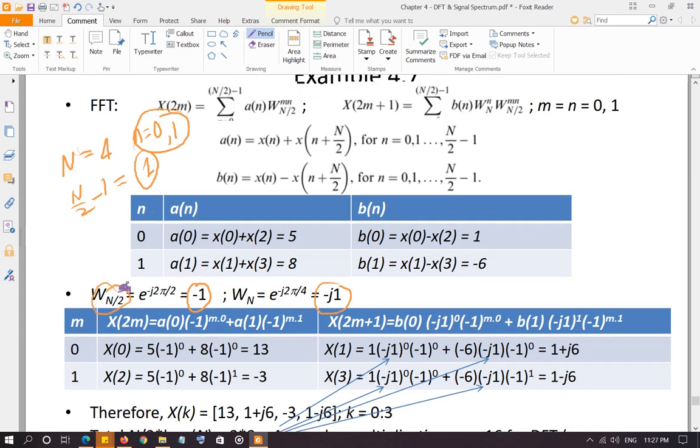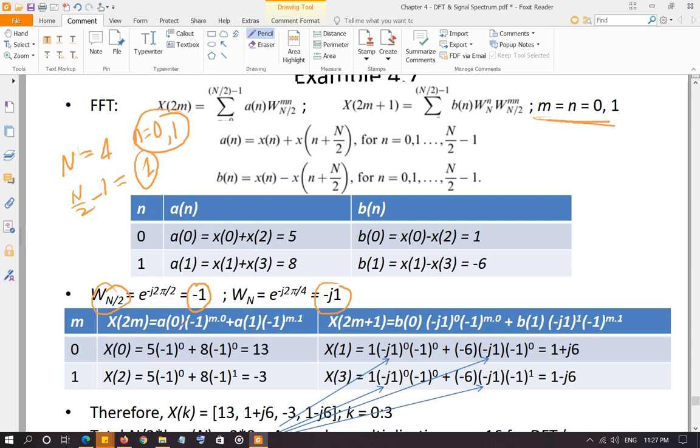So you have this twiddle factor to the power m times n, right? So m times 0, m times 1. Remember, m also goes from 0, 1. 2 times 0, the first even number component, x of 0, and 2 times 1, the second even number component, x of 2, right? So m is 0 and 1, which is the same thing as lowercase n, which goes from 0 to n by 2 minus 1.